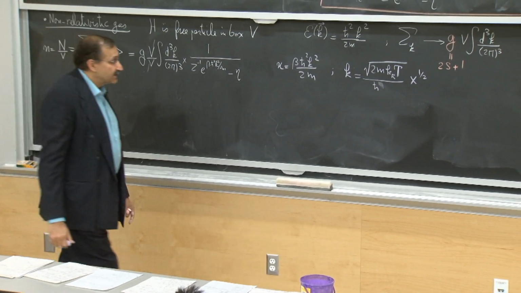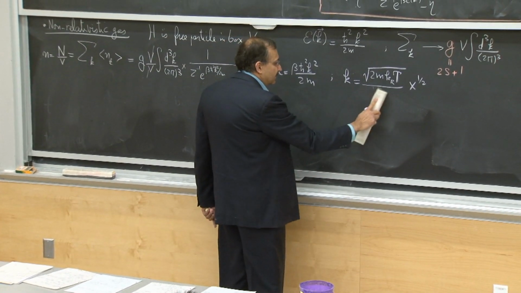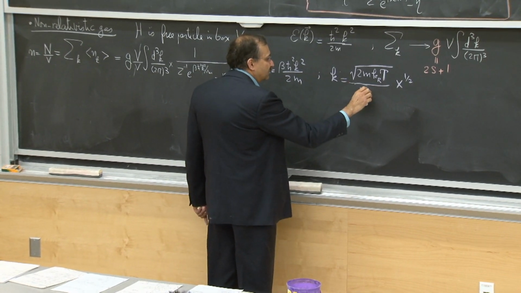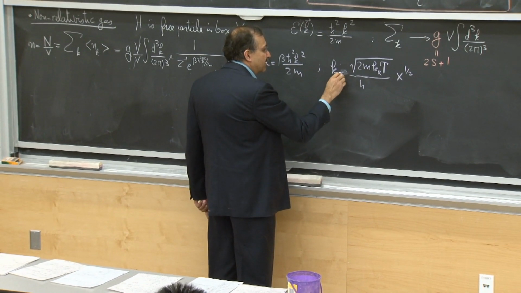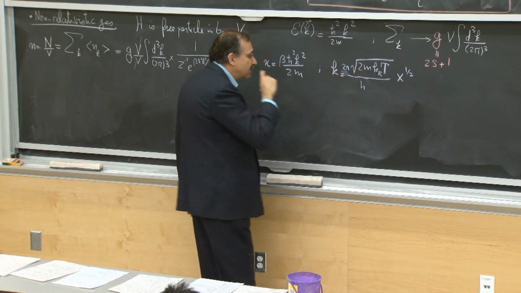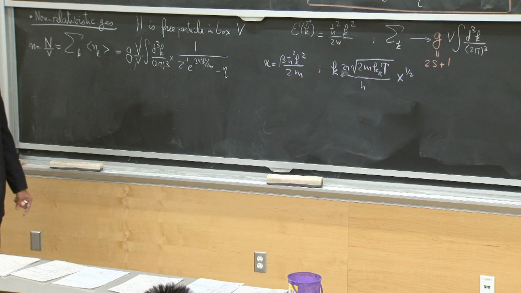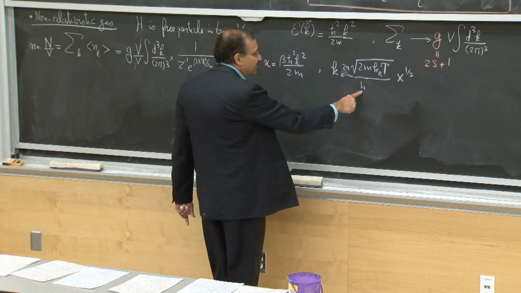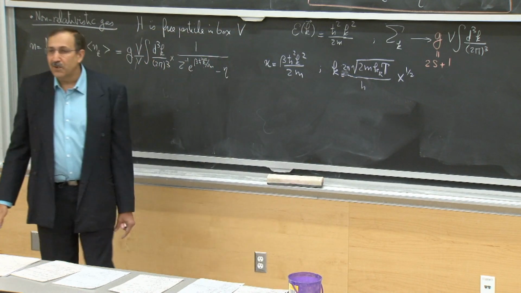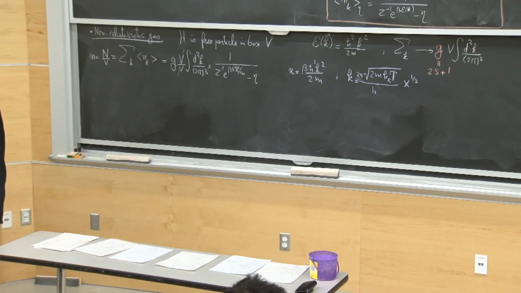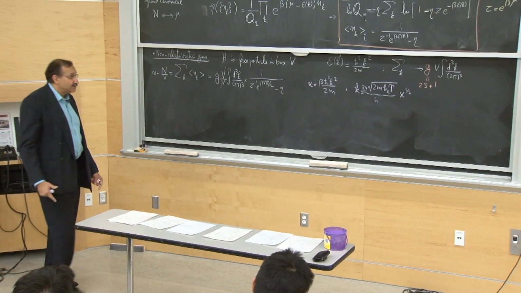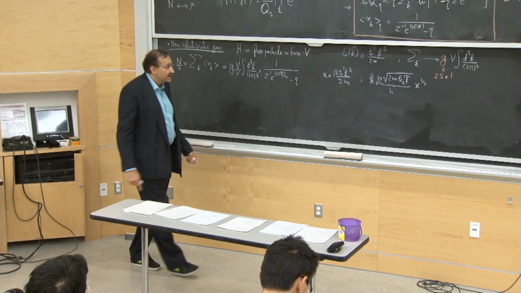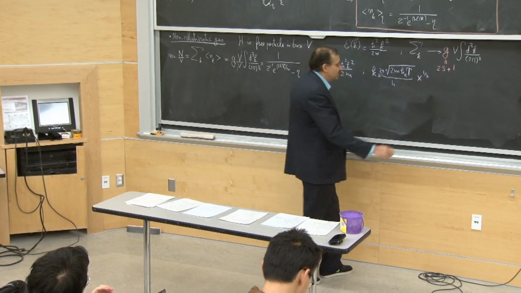Now I realize that h bar is in fact h divided by 2 pi. So the 2 pi I can put in the numerator. And then I remember that actually the combination h divided by square root of 2 pi m kT, I was calling this thermal wavelength lambda. And k should have the dimensions of an inverse length scale, so that's the appropriate thing to choose.